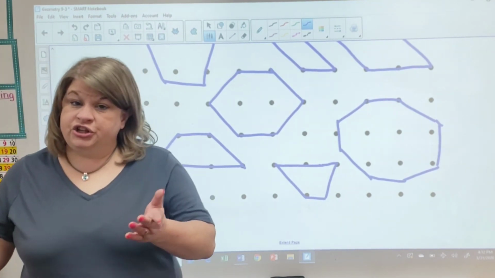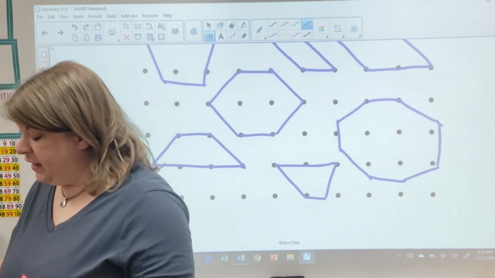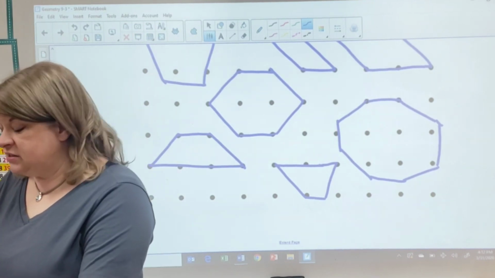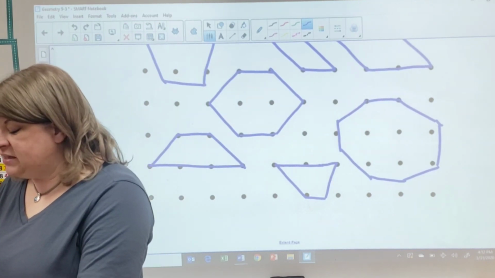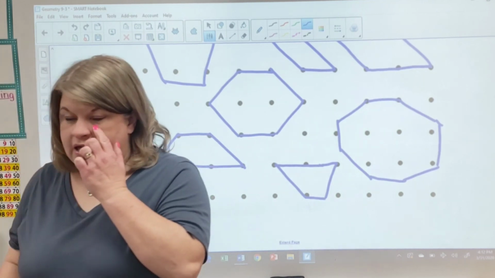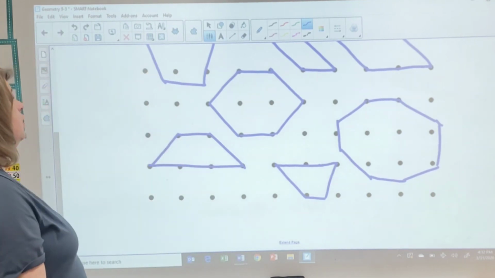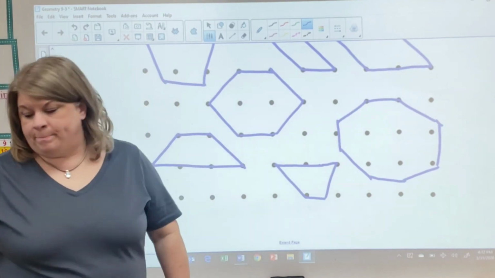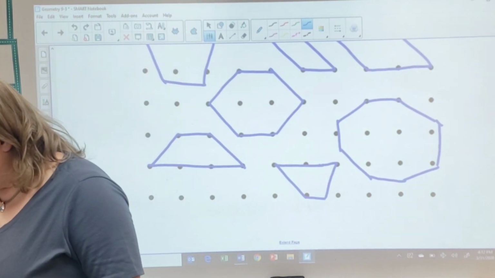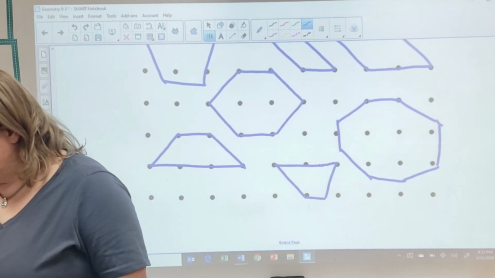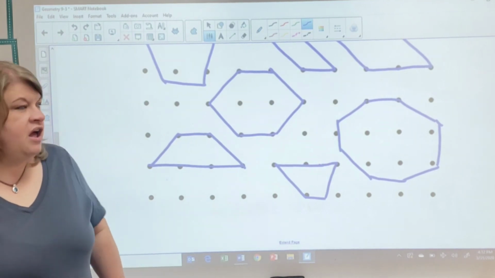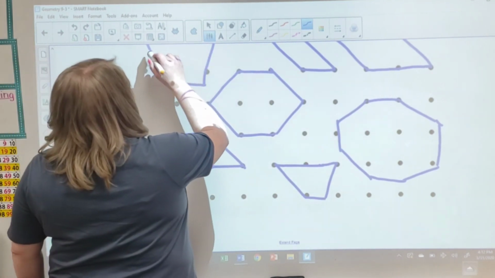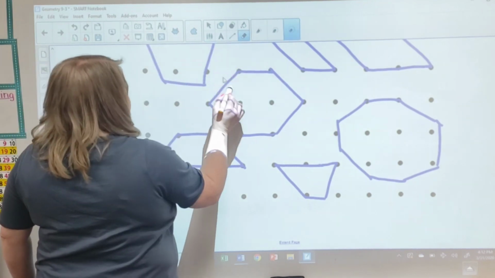All right, let's look at the top of 309. Step 4 says, draw a 3-sided figure that is not a polygon. A 3-sided figure that is not a polygon. Well, let's think about this.